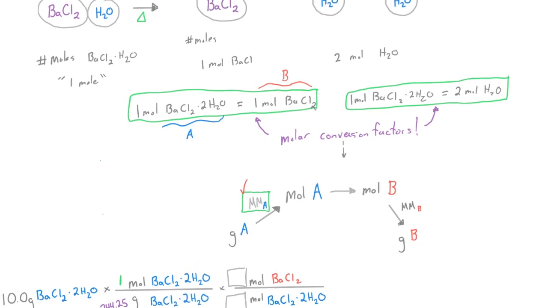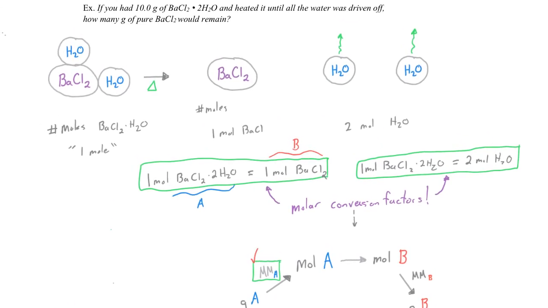Notice here when I showed you this example up above as a diagram, we noted that 1 mole of the hydrated salt is going to produce 1 mole of this anhydrous salt because there's just one of those. We're getting rid of the waters, but we're not getting rid of that salt in the middle.